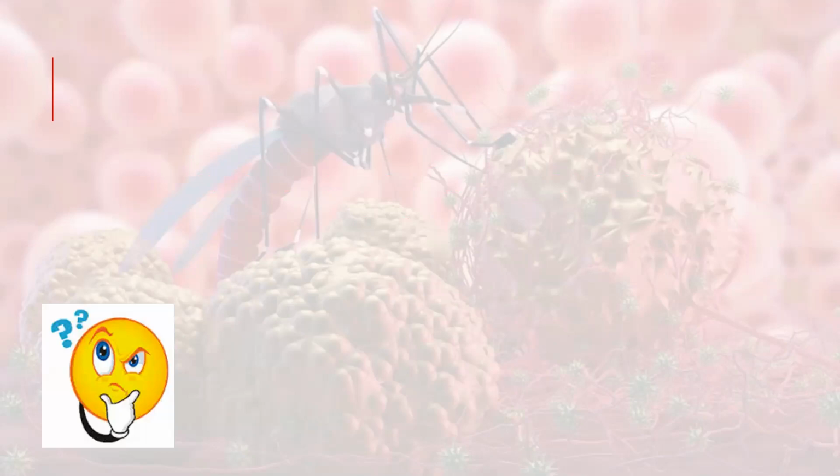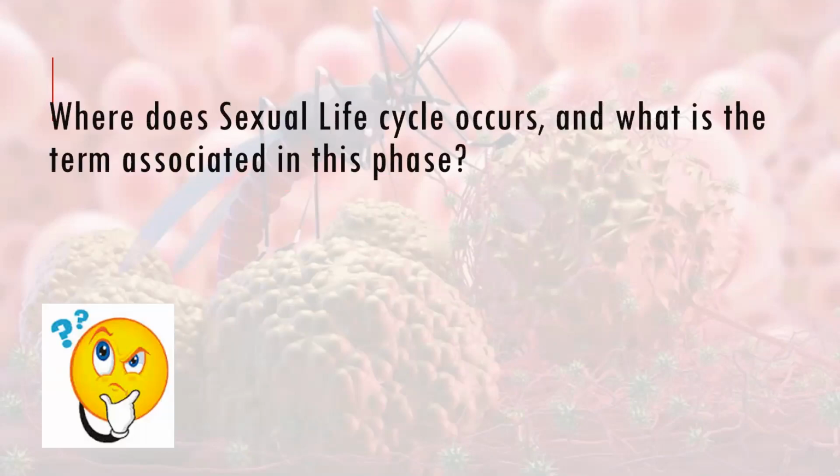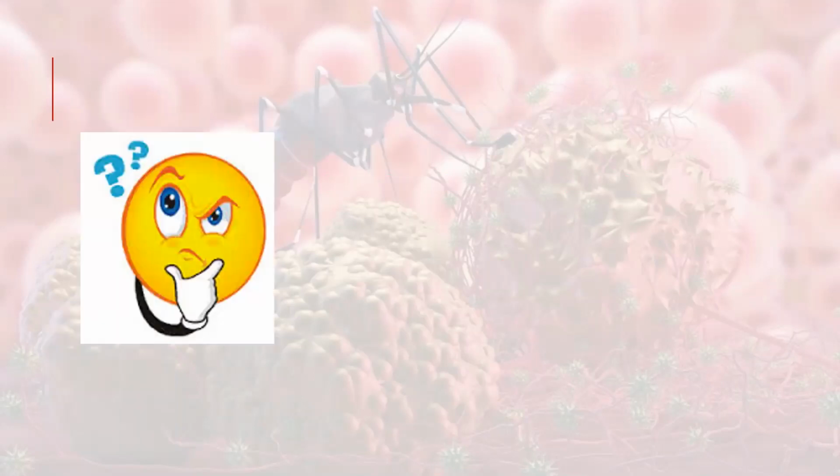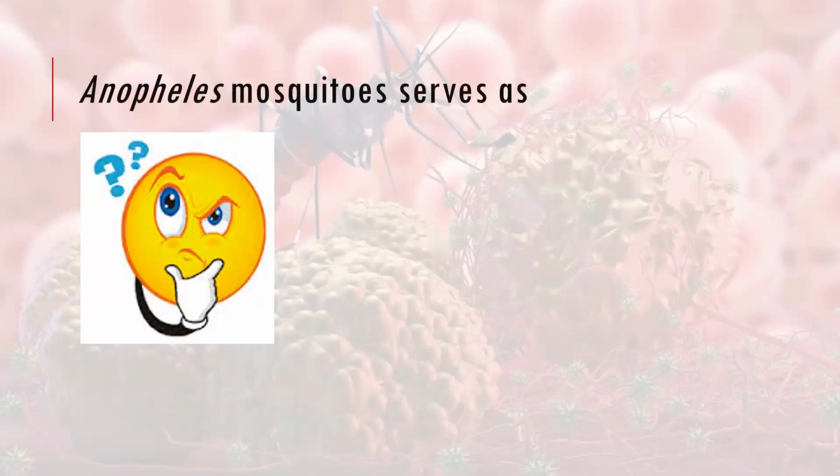Of course, the sexual phase occurs naman sa vector, and the sexual phase is known as sporogony. Sexual phase, sporogony, vector. Take note that Anopheles mosquitoes serve as the vector.